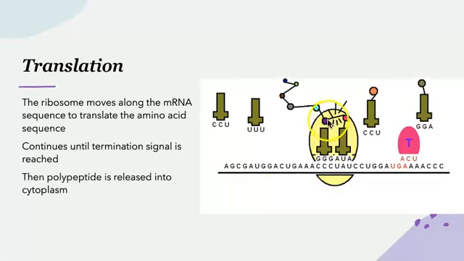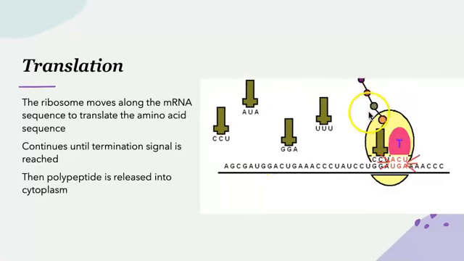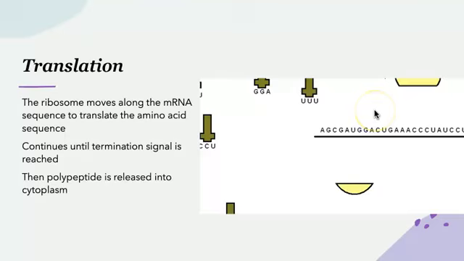It is moving through pretty quickly, but you could see how those amino acids are all attaching to one another until we reach the termination signal, where the ribosome is then going to dissociate, the small unit from the large unit, and the polypeptide chain will be released into the cytoplasm.